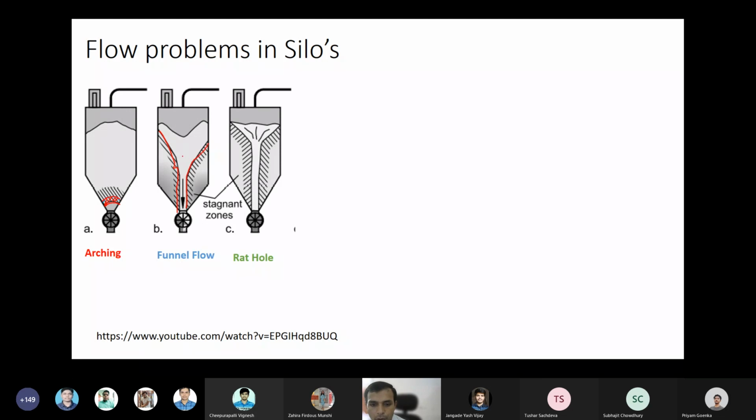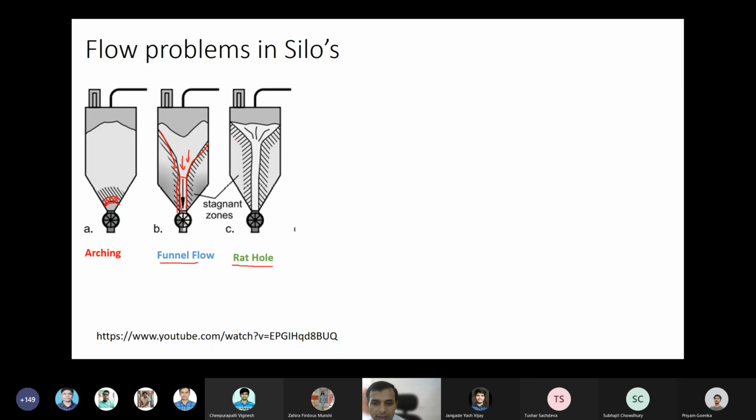The flow takes place only in the middle, and it forms like a small channel or a hole that we call a rat hole. The flow of particles through such rat holes, we call it a funnel flow.